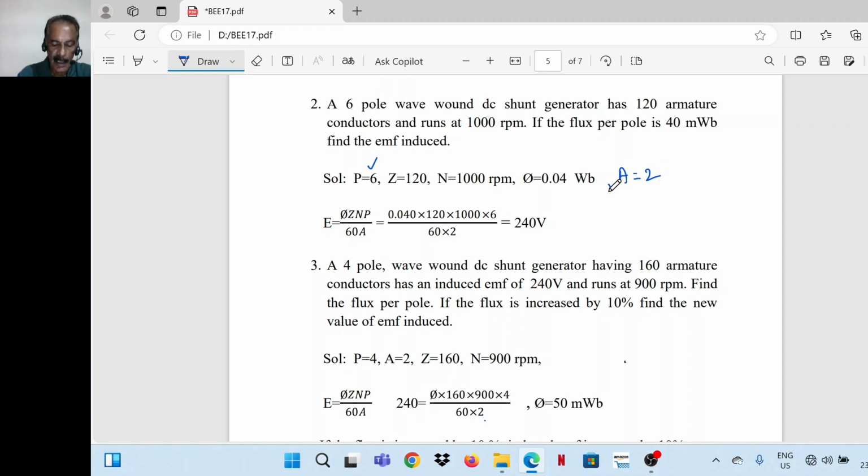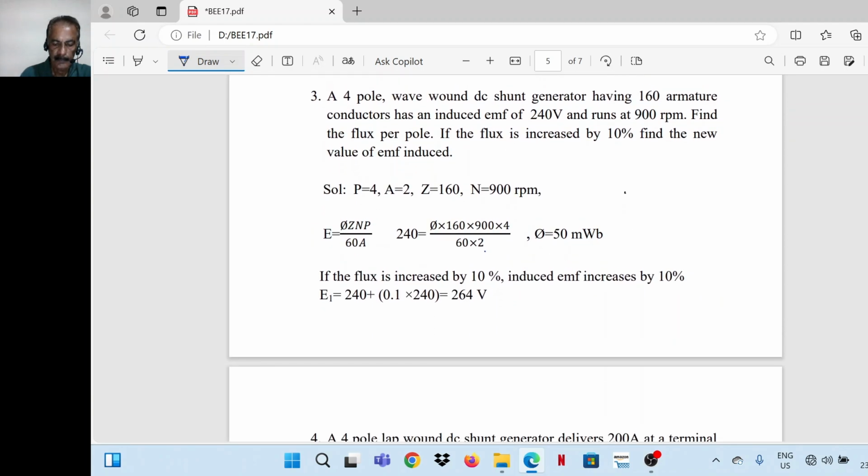Number of armature conductors is 120. Speed is 1000 rpm. Flux per pole is 40 milliweber or 0.04 Weber. Substituting into phi Z N P divided by 60A, the induced EMF is 240 volts.